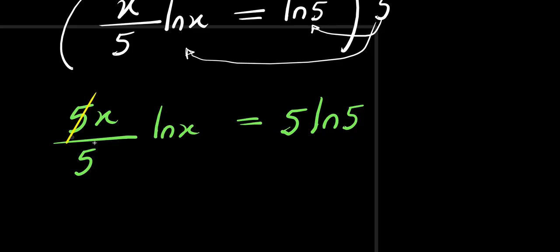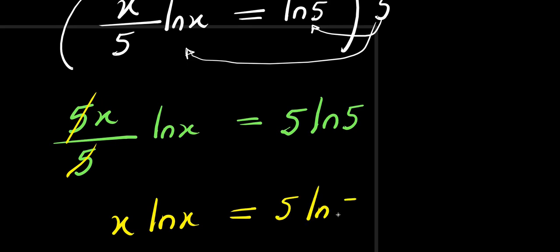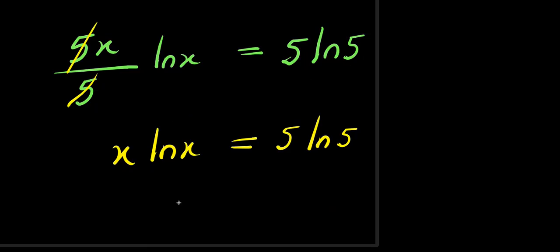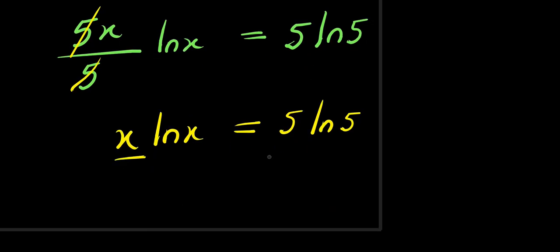So from here, 5 cancels 5. I have x times ln x equals 5 ln 5. What do you see here? x and 5, ln x and ln 5. So we can compare, and that means our x equals 5.